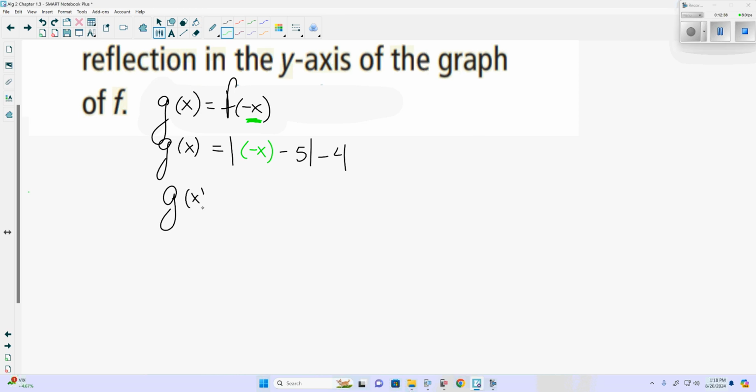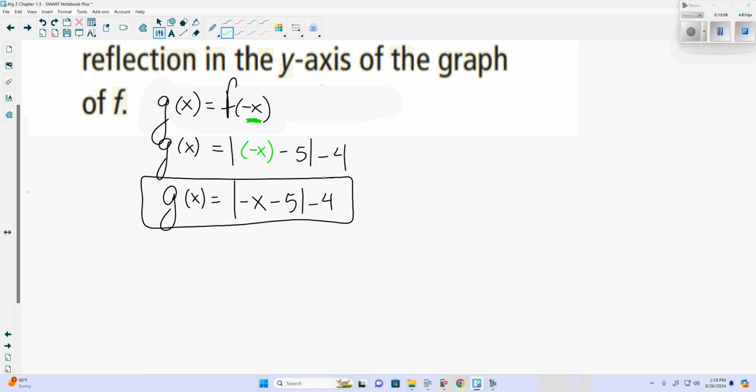So g of x, do we need the parentheses around the negative x anymore? No, and there's not a number or sign in front of it. So we just get g of x equals the absolute value of negative x minus 5 minus 4. Questions on this here? We're good with this so far.